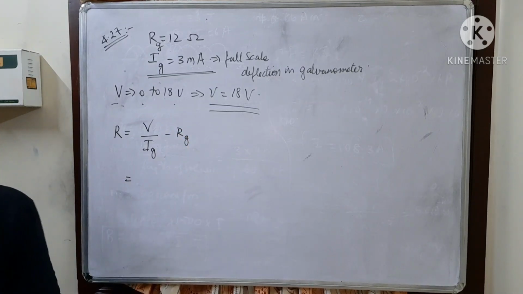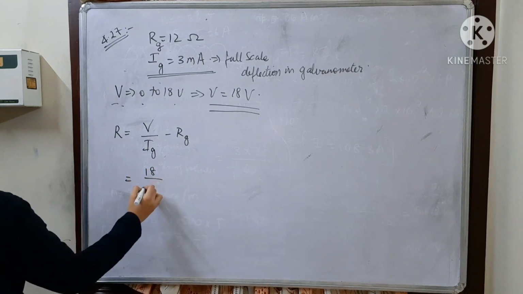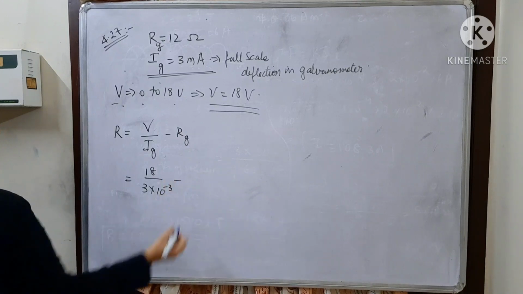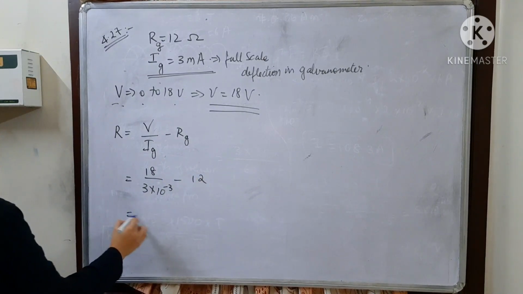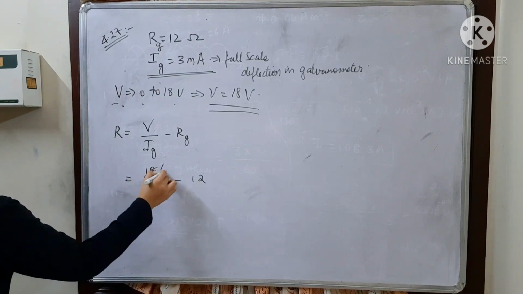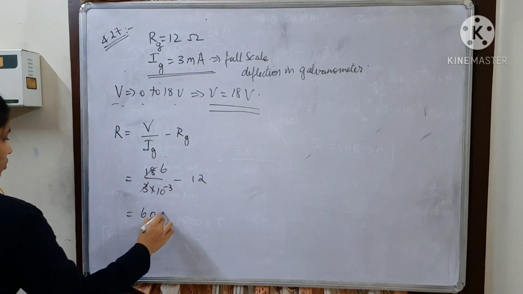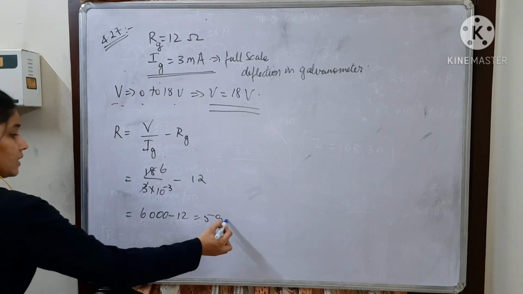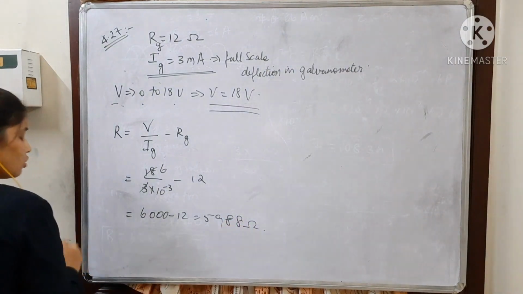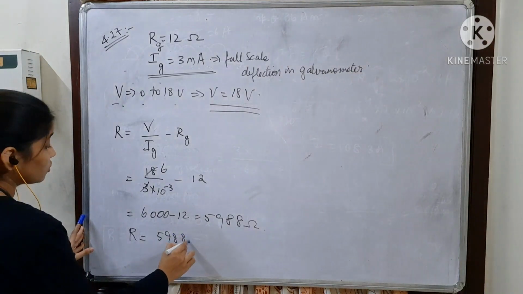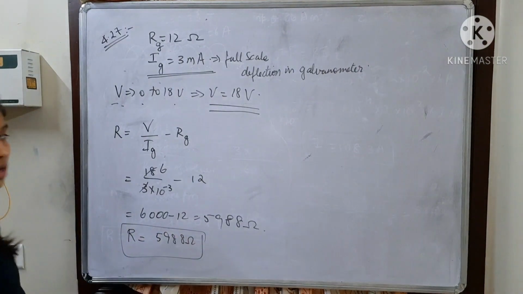So V is equal to 18 divided by 3 into 10 power minus 3 and minus Rg, that is equal to 12 ohm. So here you will have 6000 minus 12, that will be 5988 ohm. That should be the resistance that is connected to this galvanometer that will convert it into a voltmeter.